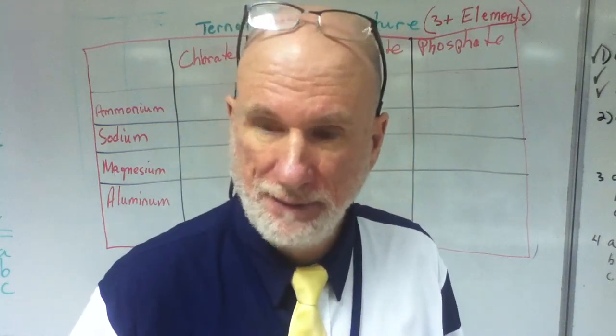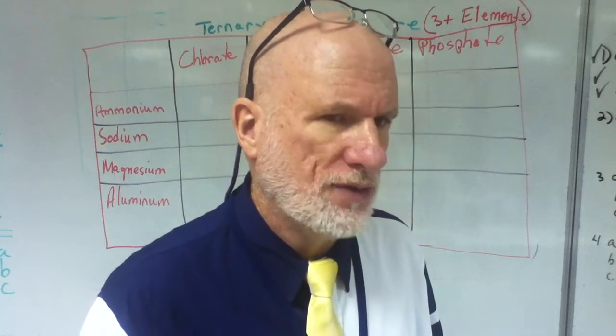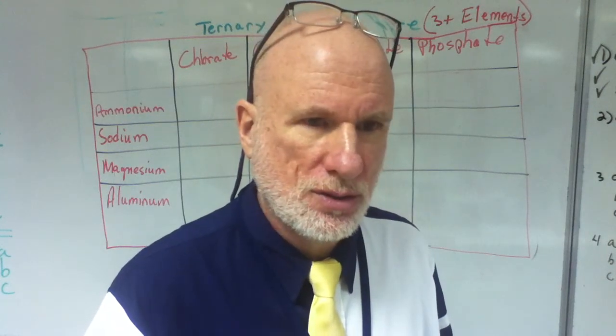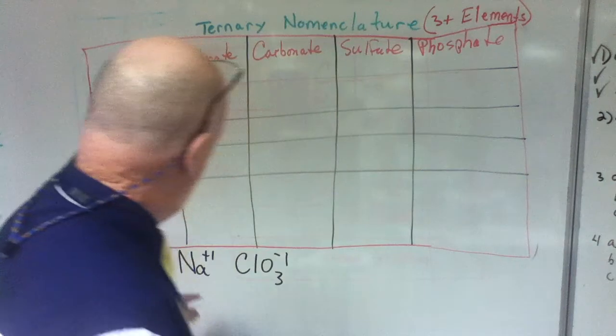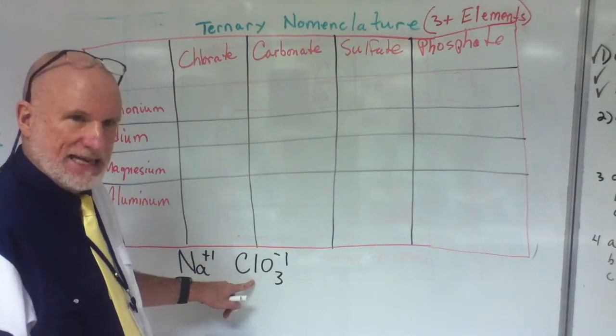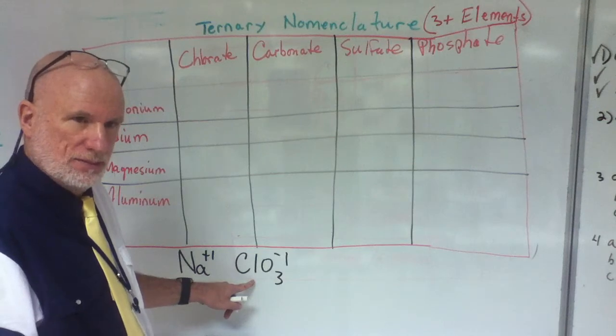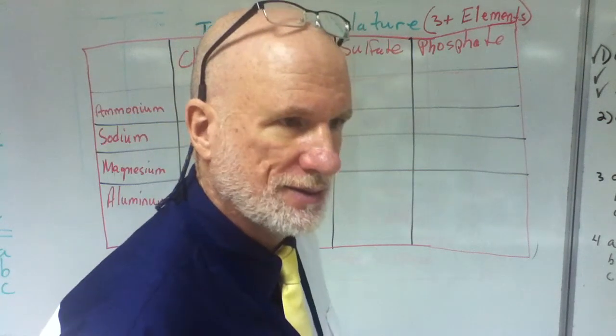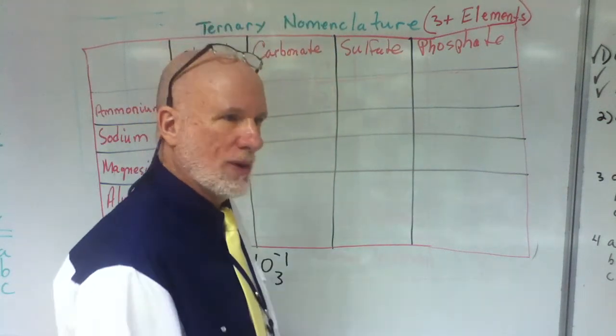Long weekend. Yeah. So if you only need 1 of each, wouldn't it be just Na and then ClO3? Isn't that true, Greta? Does that make sense? Is that reasonable? I'm not asking you to be able to do this yet. I'm simply asking you questions.